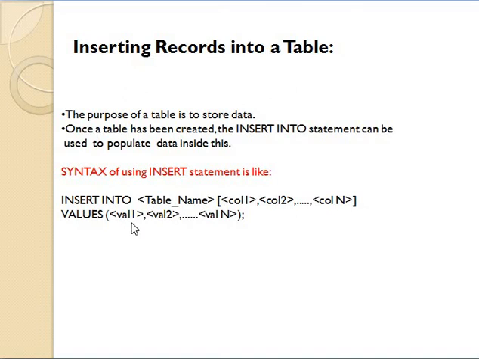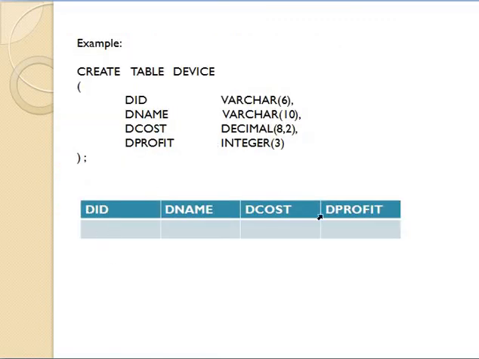And this values part, comprising val1, val2, val3, and val4, shall hold the values for these columns. So val1 will represent the value for the first column did, val2 for the second column dname, val3 for the third column dcost, and val4 for the fourth column dprofit for this table device.